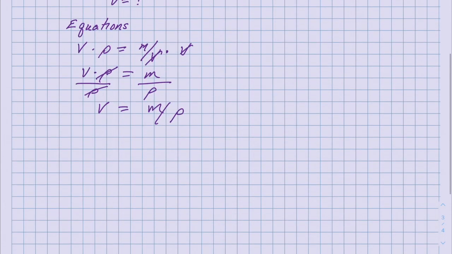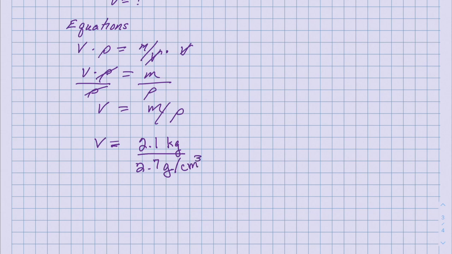Okay, so now that we've got our density, we're just going to plug these numbers into our equation for volume. And we note that volume is equal to the mass, which is 2.1 kilograms, divided by the density, which we just got, 2.7 grams per cubic centimeter.